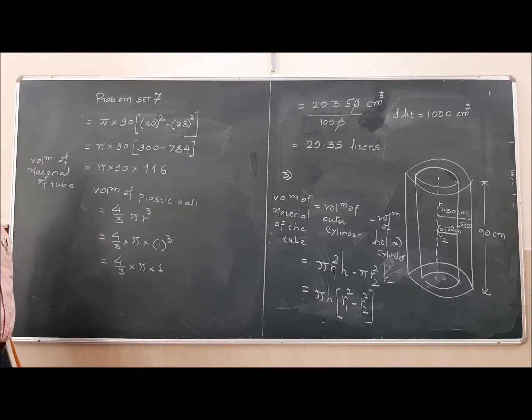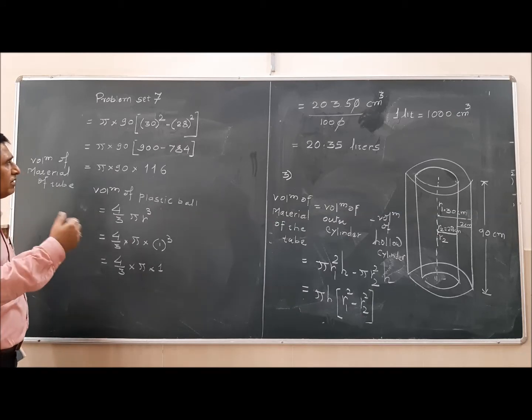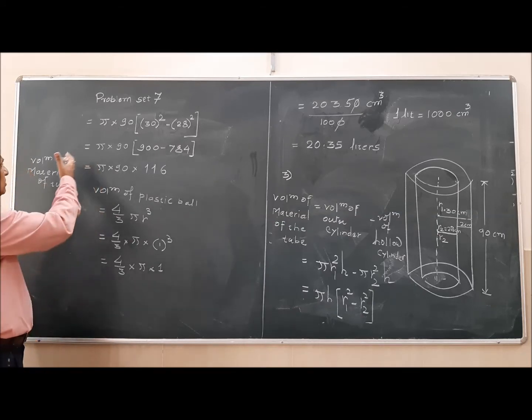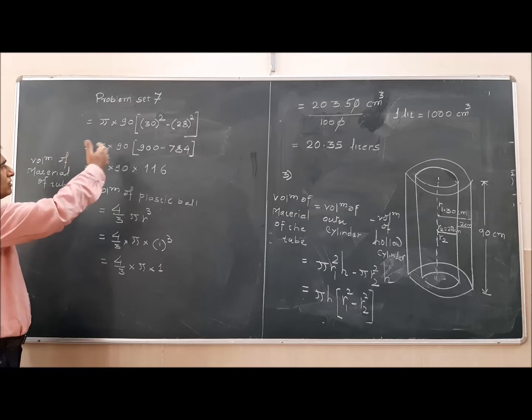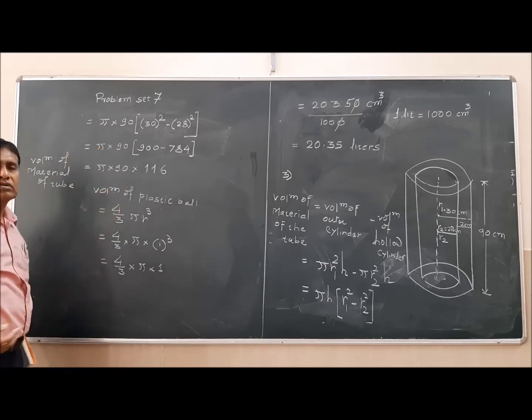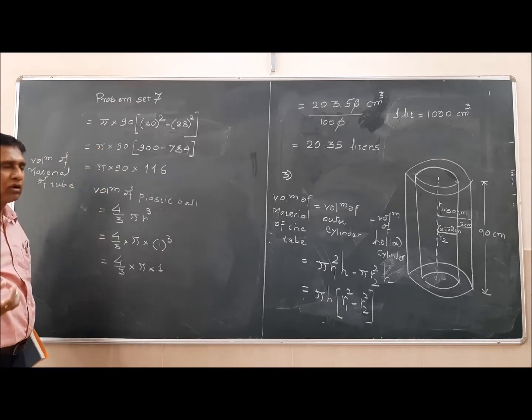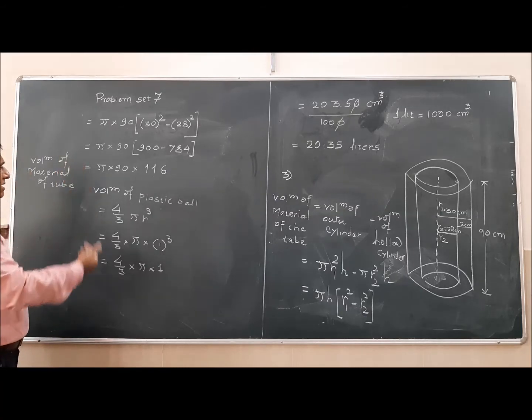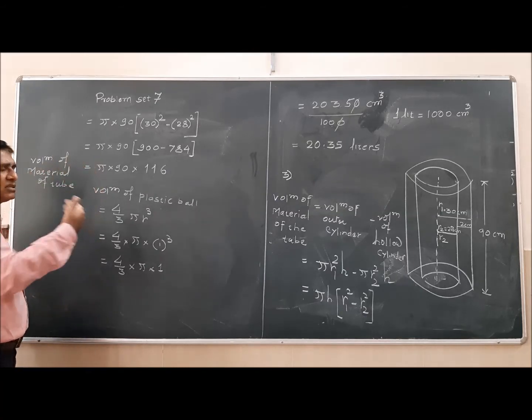Now to get the number of balls, there is a very simple formula. Whatever is larger, in this case the volume of material of the tube is larger and the volume of a ball is smaller. So divide the larger by the smaller.